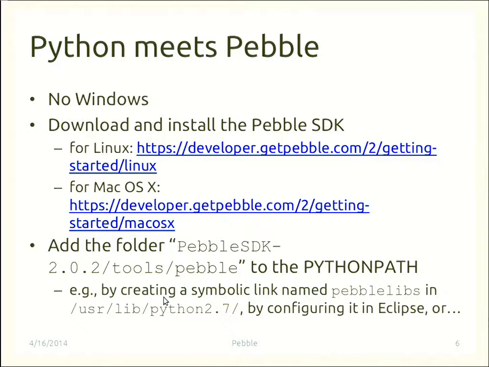For example, by creating a symbolic link named, for example, pebble libs in /usr/lib/python2.7, that is the default folder for the Python path, or by configuring the Python path in Eclipse, or whatever. Any way to put a folder in the Python path is okay, it works.